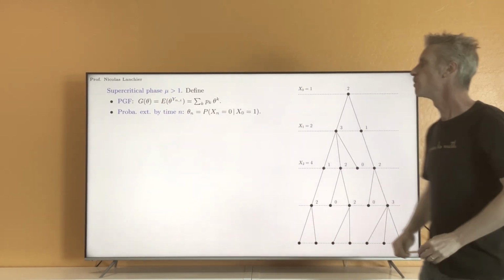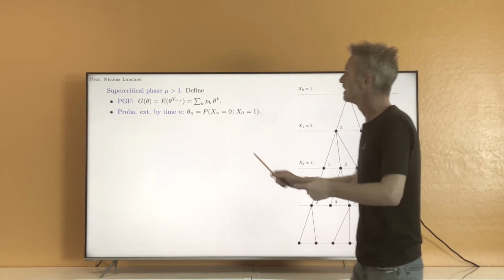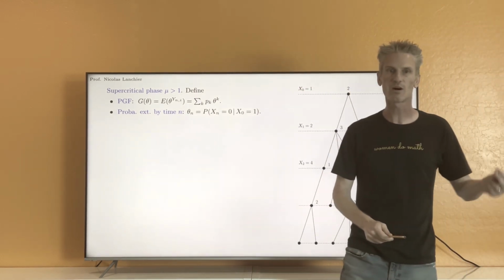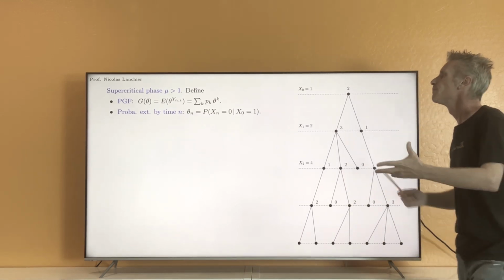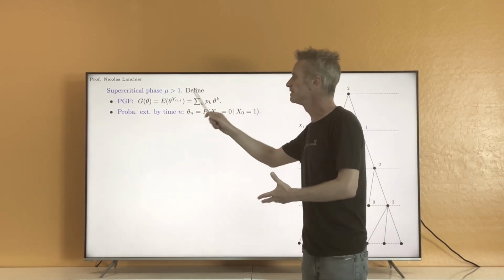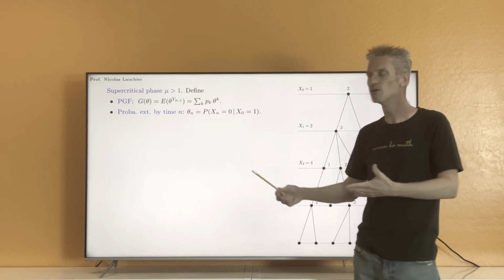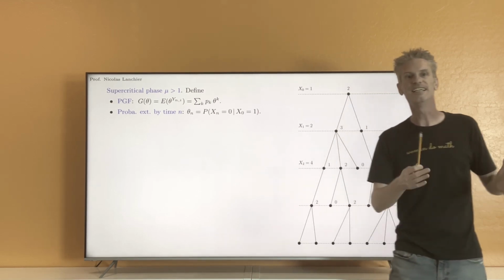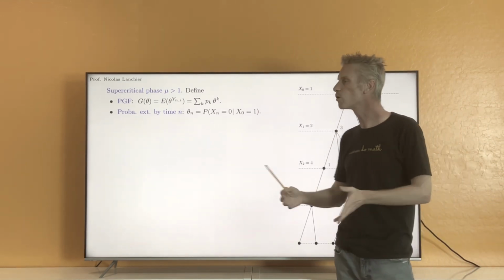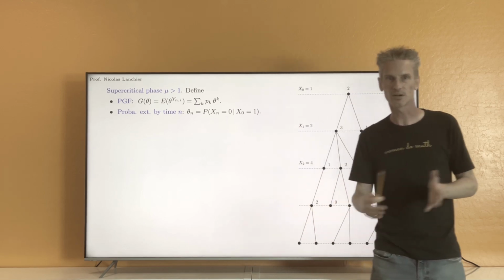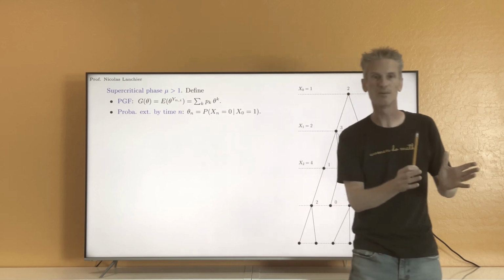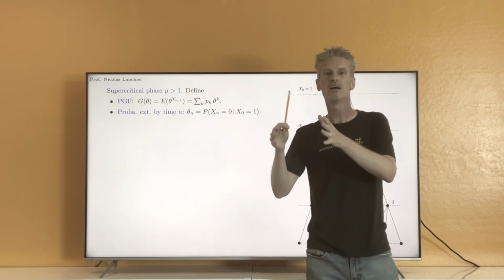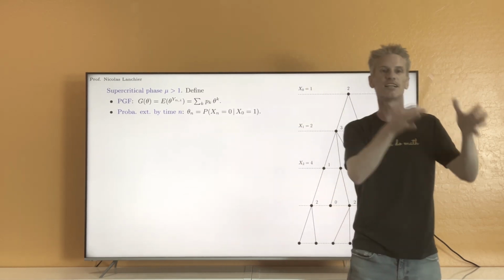So, how can I express theta n plus 1 as a function of theta n? Well, this kind of technique is typical in the theory of Markov chains, and it's based on something called a first step analysis. That's a typical technique that you can use to express a probability at some given time using probabilities at the previous time.